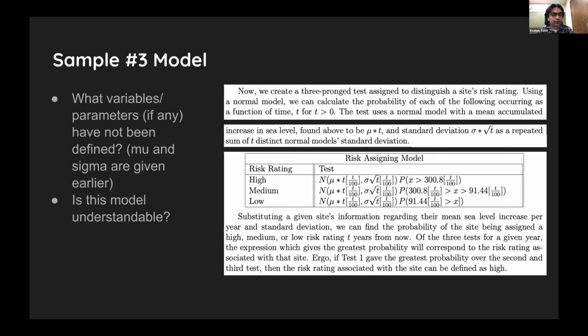I wrote this here, but I will also explicitly say that I just didn't want to overload you with more and more text, but this parameter mu and sigma is defined earlier in their paper.